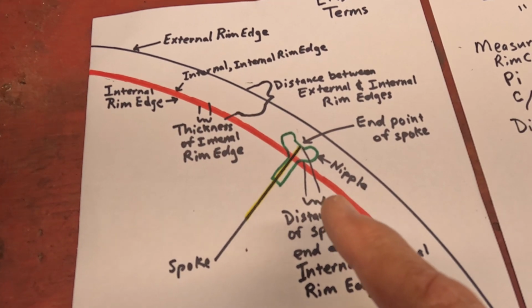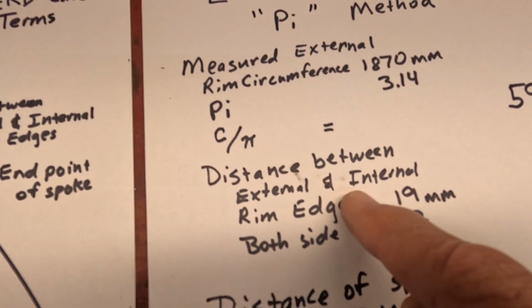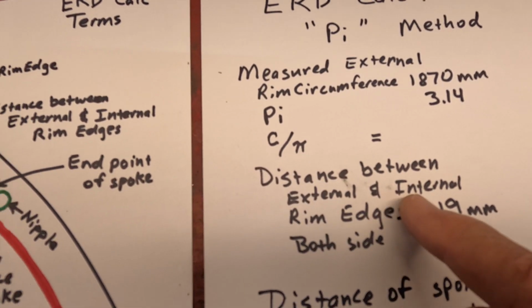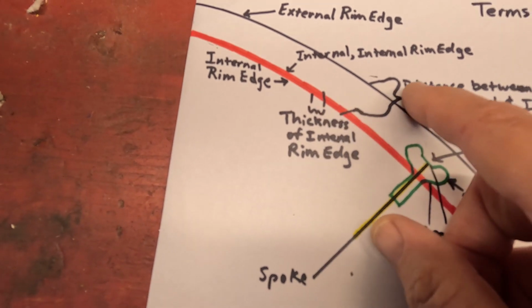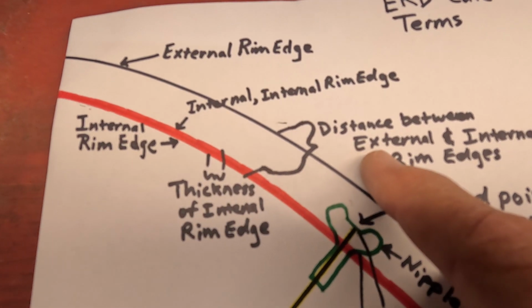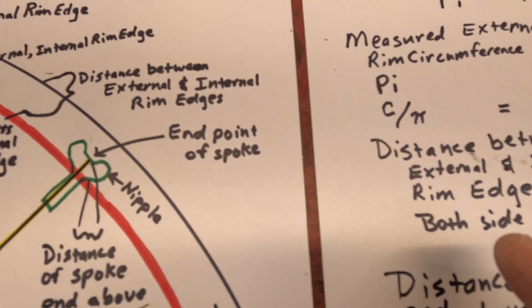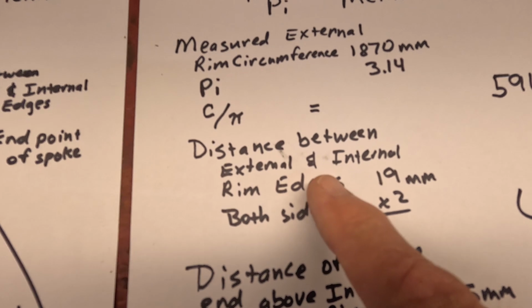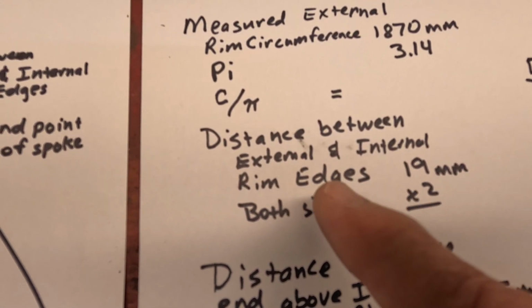So the first thing I need is the distance between the external and internal rim edges. So I need the distance from here to here, or this distance I'm showing right here on my little term, the distance between the external and internal rim edges. In this particular case, I've calculated that with my caliper by going into the rim.